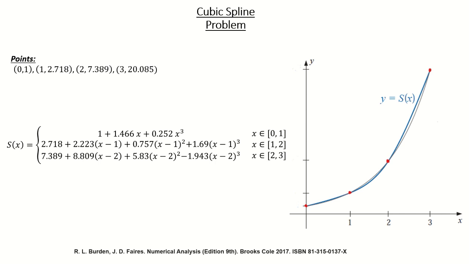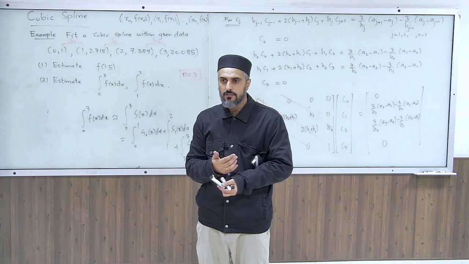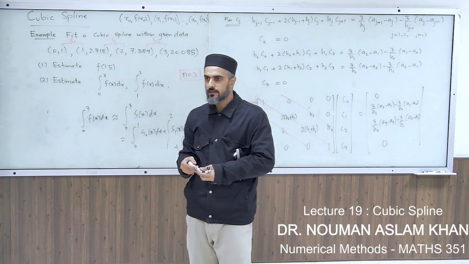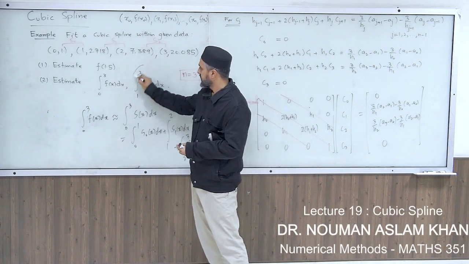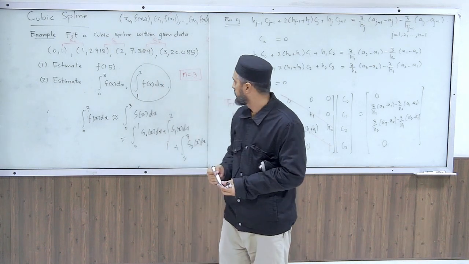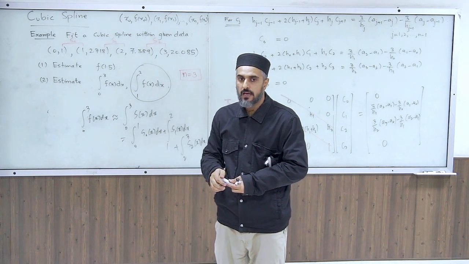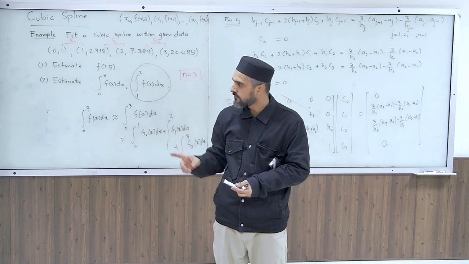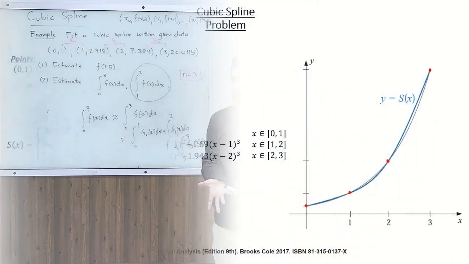You see, it comes very much in agreement with the behavior of the data. And if I ask you to integrate from 1 to 2, f of x, then what is the answer? It is the integration of S1.